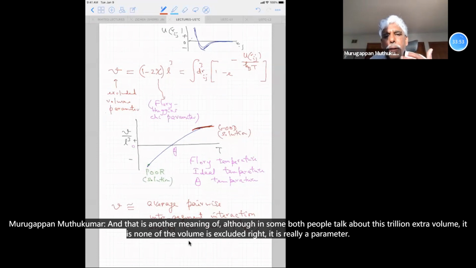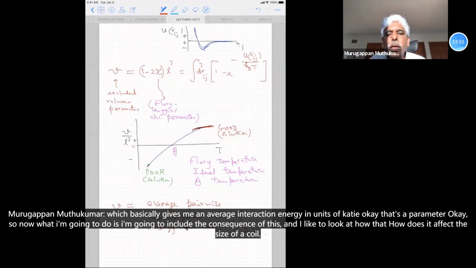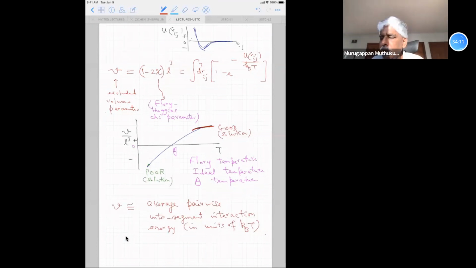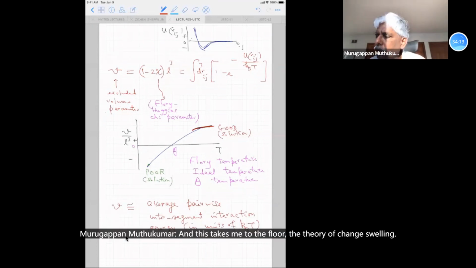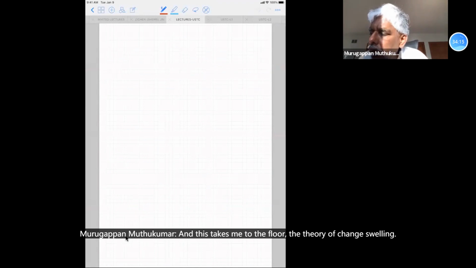It is really a parameter which basically gives me an average interaction energy in units of kT. Now I'm going to include the consequence of this and look at how it affects the size of a coil. And this takes me to the Flory theory of chain swelling.